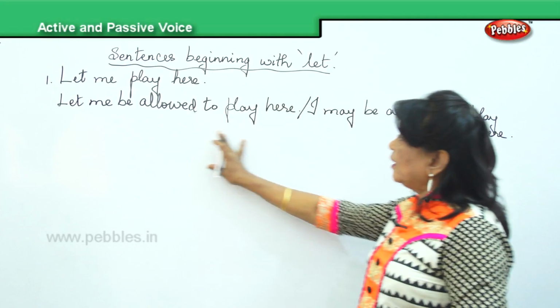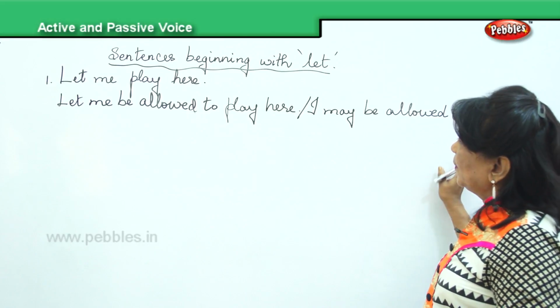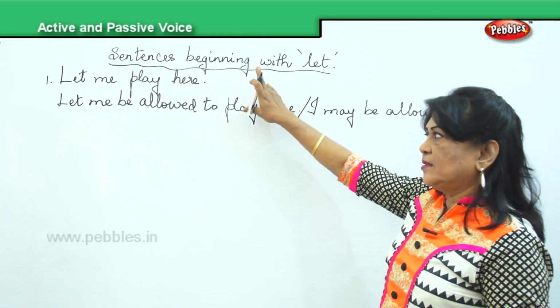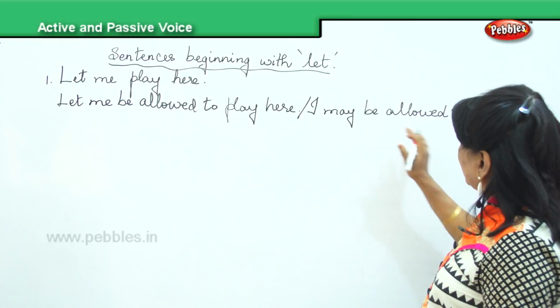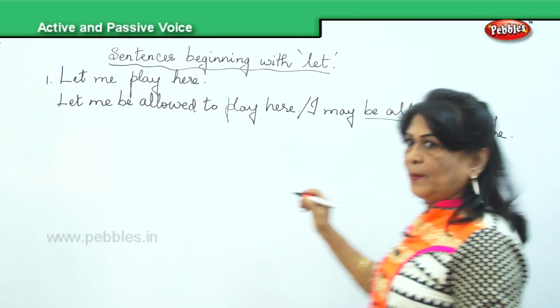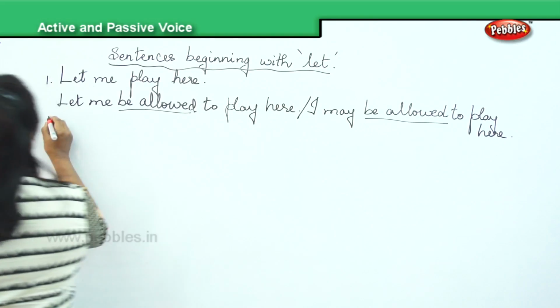Let me be allowed to play here, or I may be allowed to play here. So, let me play here is active voice, and let me be allowed is where you find the passive voice. Do you understand? Next one.